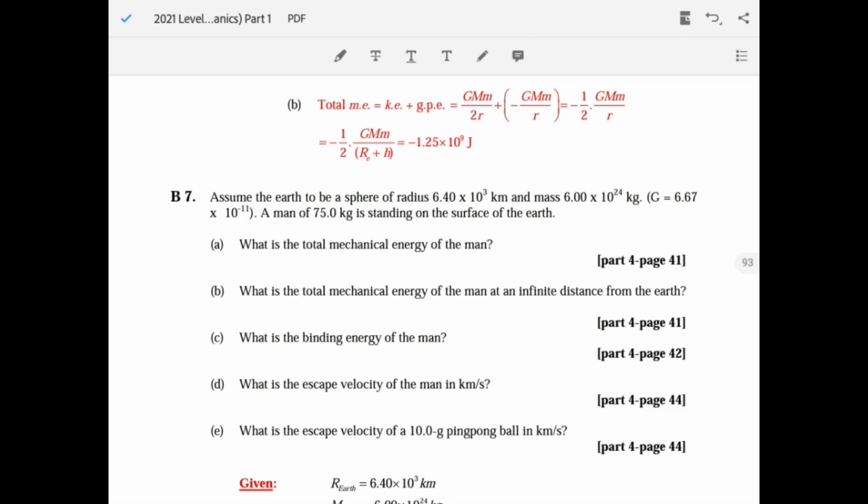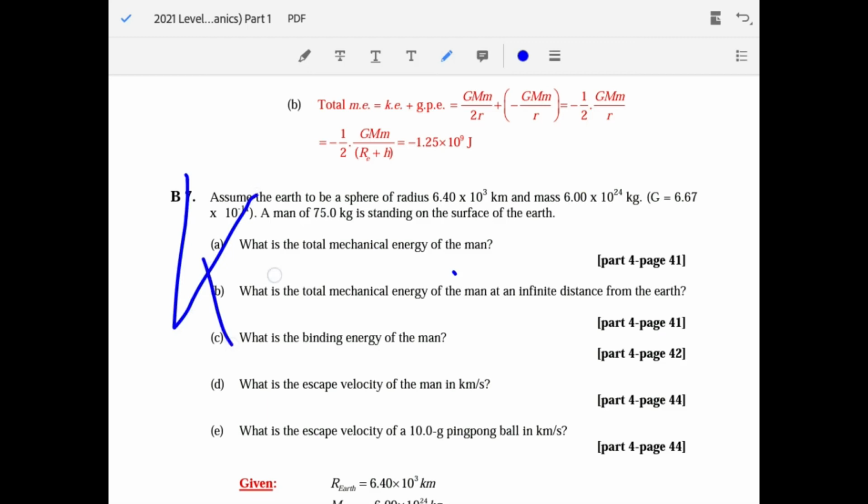What is the escape velocity? The escape velocity is basically how much speed he needs to get out of the gravitational field. So what happens is you use the gravitational potential energy and equate it to the kinetic energy, because that's how much kinetic energy you need.